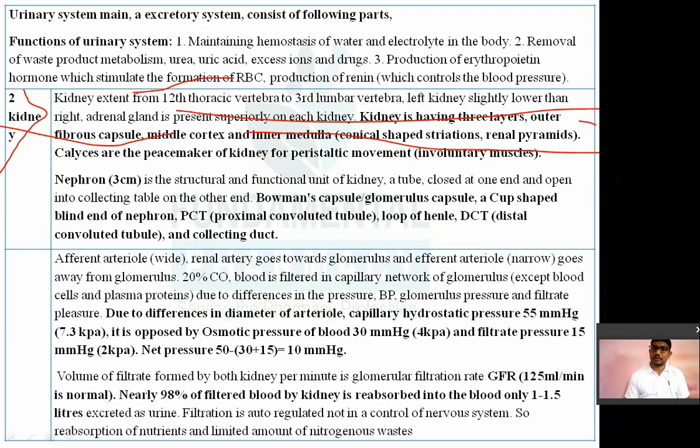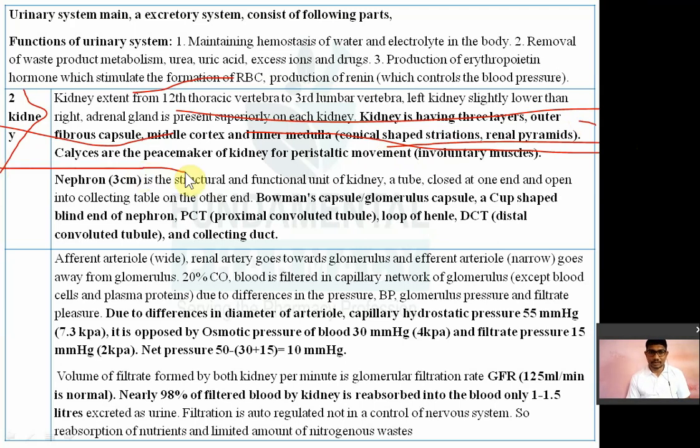In the medulla, there are conical shaped striations, known as the renal pyramids. They are the collection of loops of Henle. So pyramids contain a collection of loops of Henle. Then after that, in the renal sinus, calyces are present.